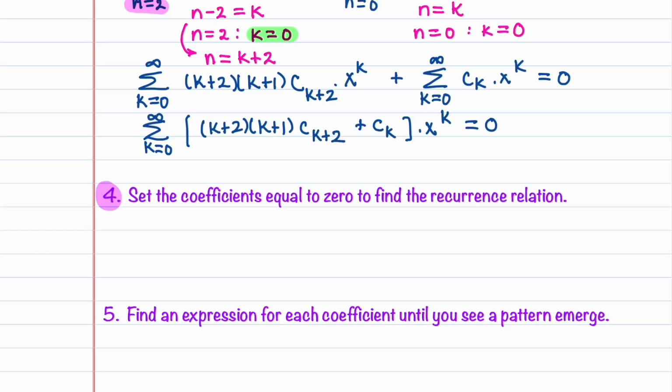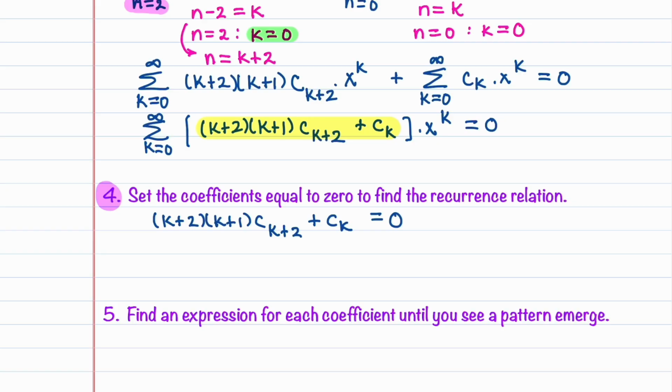In step 4, we are going to set the coefficients, that's all of this right here, equal to 0, and we're going to find what's called a recurrence relation. A recurrence relation tells how each coefficient is related to an earlier one. We'll take our coefficients, which are k plus 2 times k plus 1, c sub k plus 2, plus c sub k, and we're going to set that equal to 0.